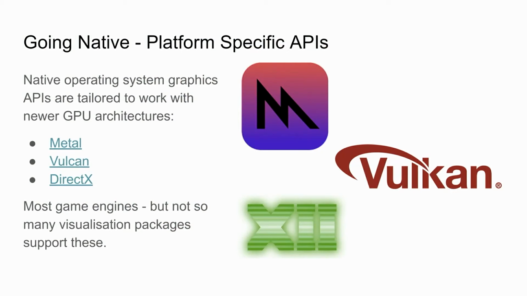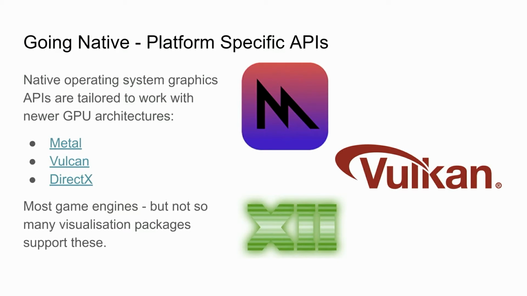And lastly, just wrapping up some of the native platform-specific APIs. I spoke to them briefly. So Metal is the new API for newer Apple devices and iOS devices. Vulkan is supposed to be the successor to OpenGL, but it's a much lower level graphics API than what OpenGL is.